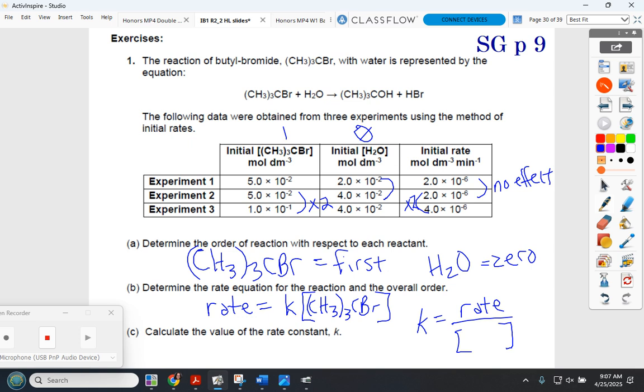So you should have gotten, if you did it in floating decimal, or you can convert it to scientific, or maybe your calculator gave it to you in scientific.